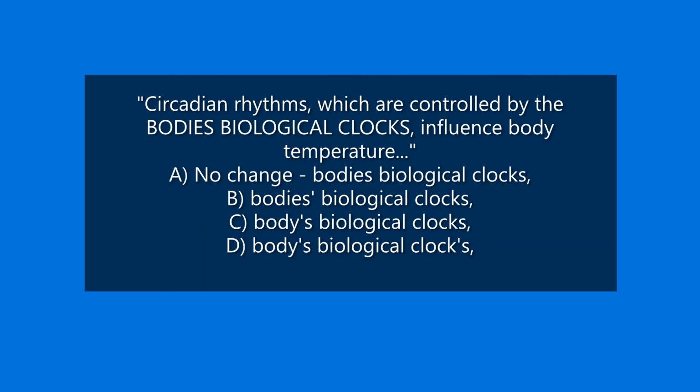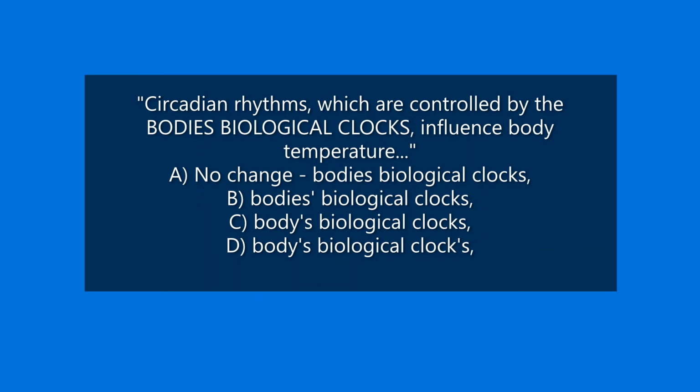I don't think so. But it's got an S at the end, right? So it's plural. They're using it in the plural sense, multiple biological clocks. And so here we know that we don't need an apostrophe, right? And that helps us to eliminate two of our answer choices. We can already get rid of B and D. And now we're just down to A and C, right?